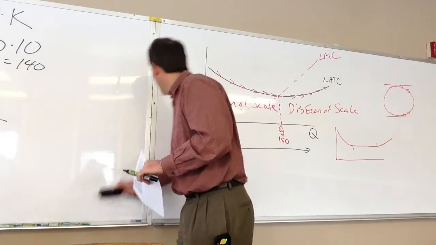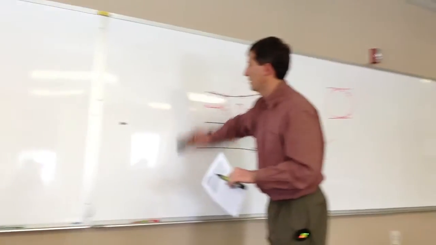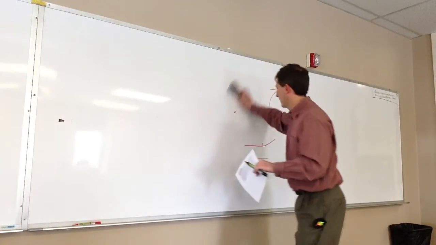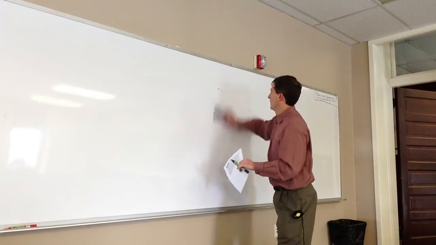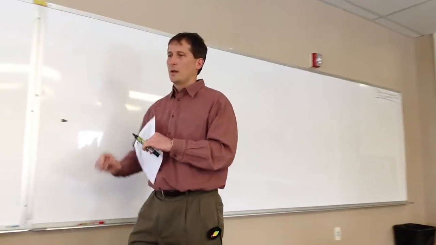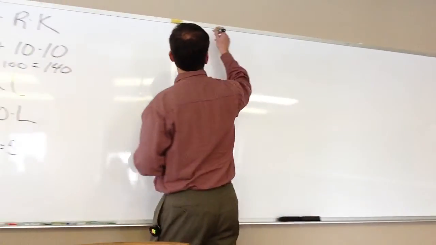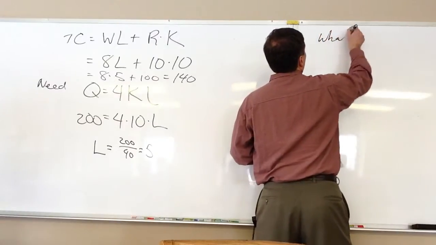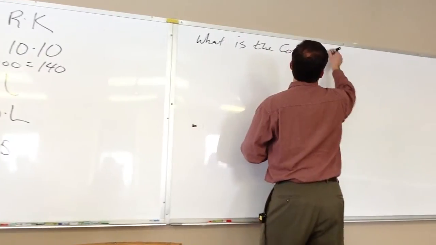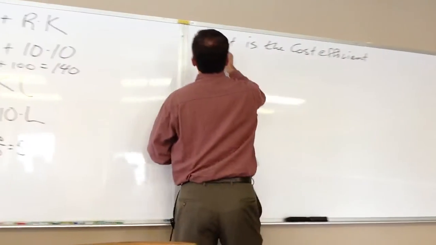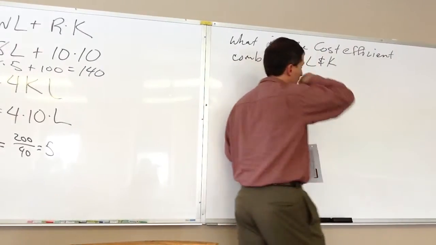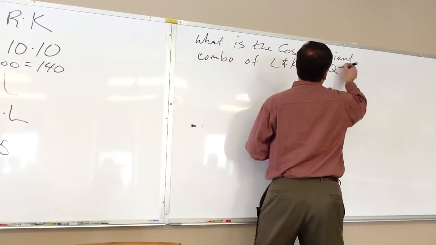Okay, good. Right now you're at 5 labor and 10 capital, which isn't necessarily the most efficient. So the question is, what is the cost efficient combo of labor and capital if quantity equals 200?